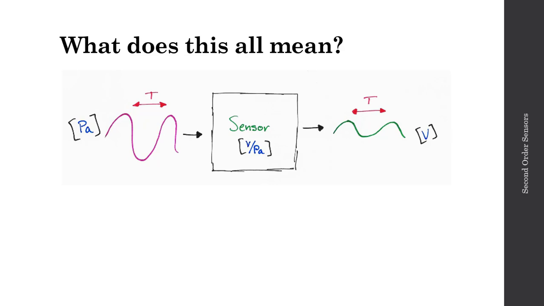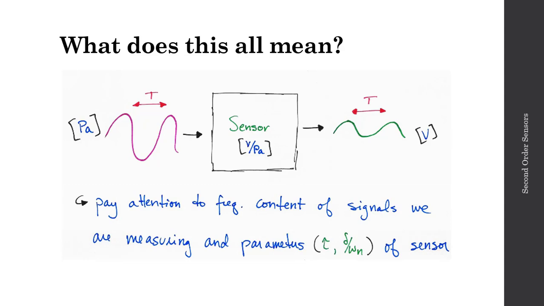So the big picture here is that we must pay attention to the frequency content of any of the signals that we're trying to measure, as well as the performance and the parameters of the sensor that we're using to attempt to measure those signals. For a first order sensor, we need to really have a good understanding of the time constant of that sensor. And for the second order sensors, we need to understand and appreciate both the damping ratio and the natural frequency of these sensors.